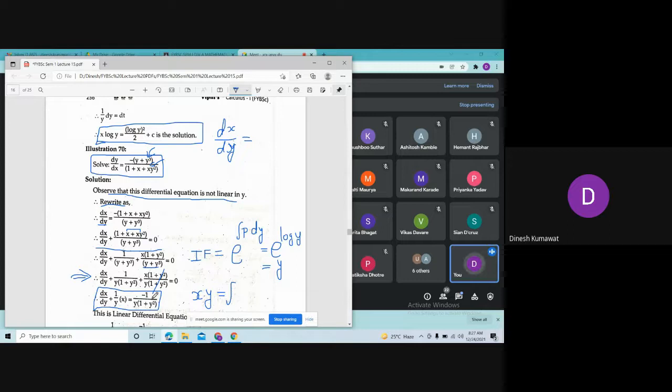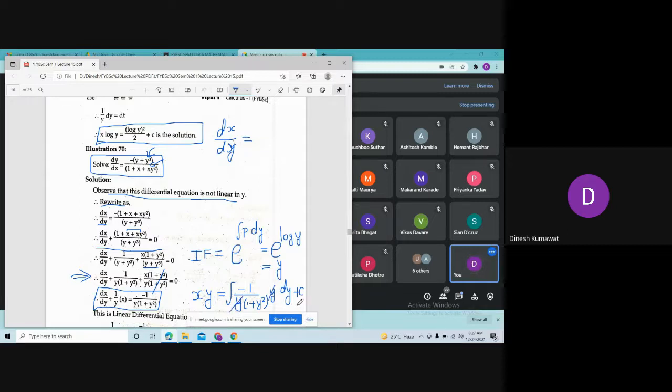What is Q over here? Minus 1 upon y into 1 plus y square. And what is integrating factor? y, plus c. Dx or dy? Sir, dy. Plus C. Now you can see this y and this y get cancelled.